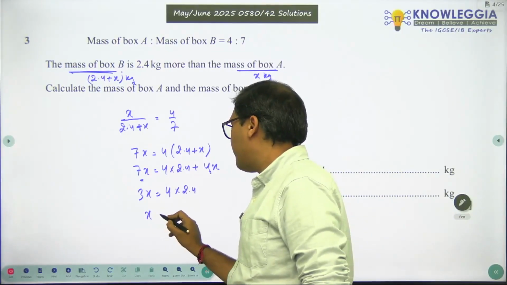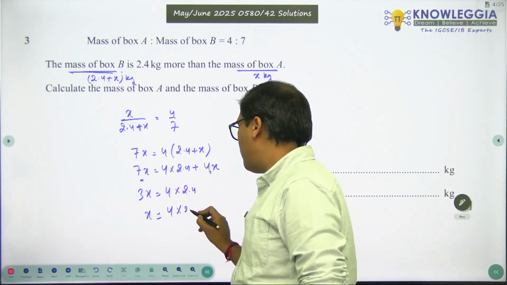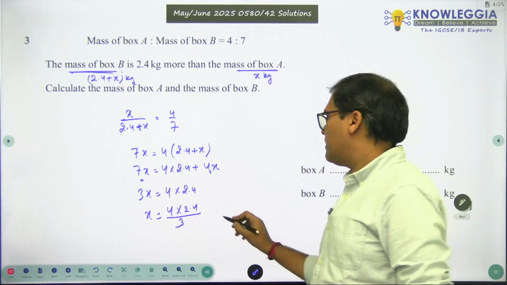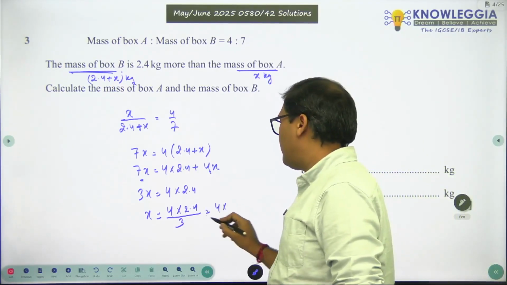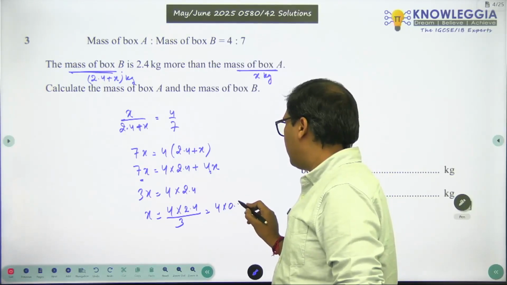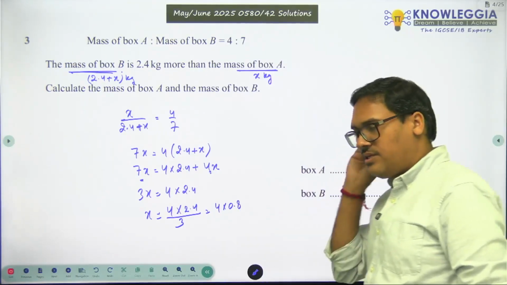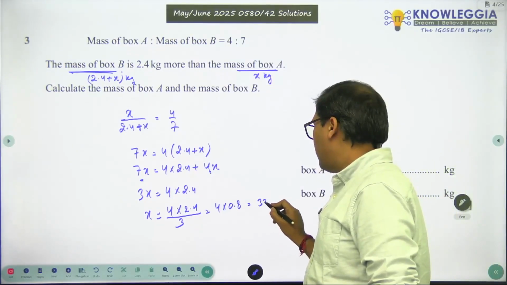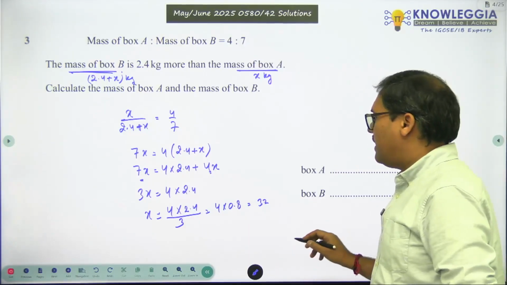So what is x? 4 multiplied with 2.4, dividing both sides by 3. This is 0.8 times 4, because 8 into 3 is 24. So this is 3.2. That is the answer. So x is 3.2.